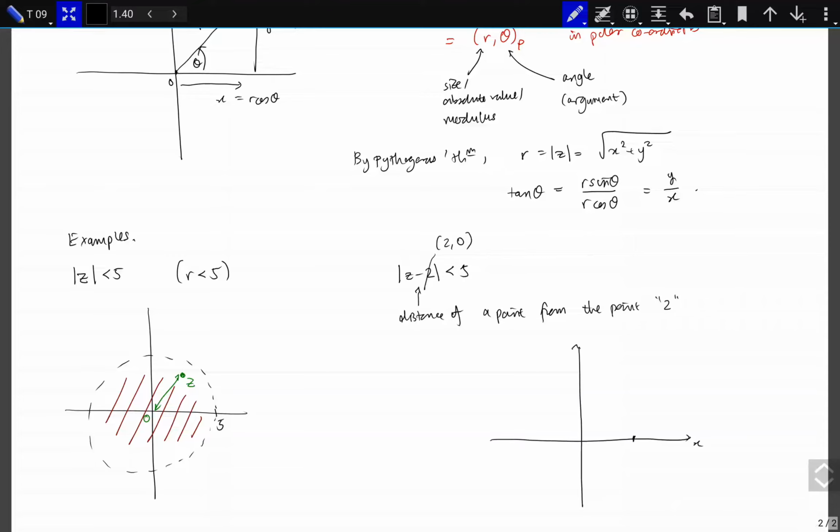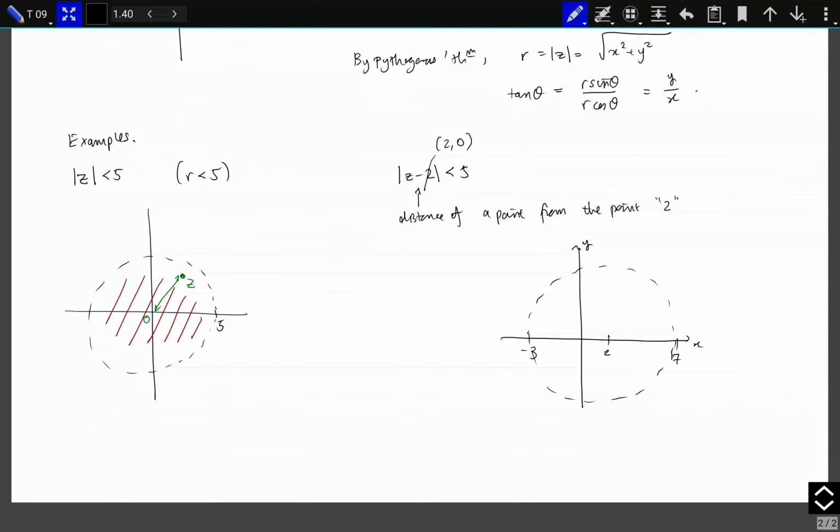That's x, that's y, there's 2. And so here's minus 3, there's 7, let me redraw this slightly, apologies. And it would be this circle.